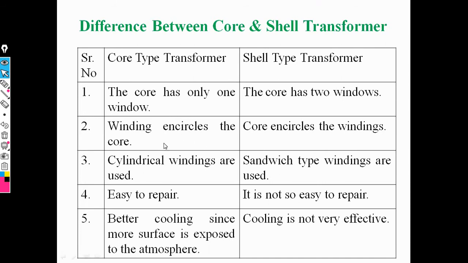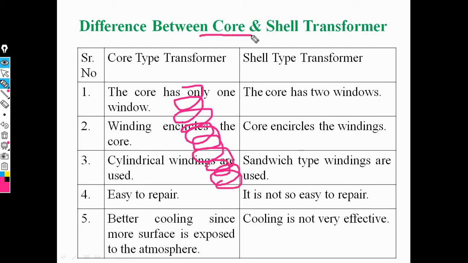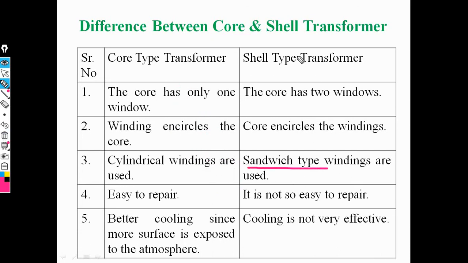Also, the core type transformer uses cylindrical winding, like this, a cylindrical type winding. Now, the shell type transformer uses sandwich type winding.